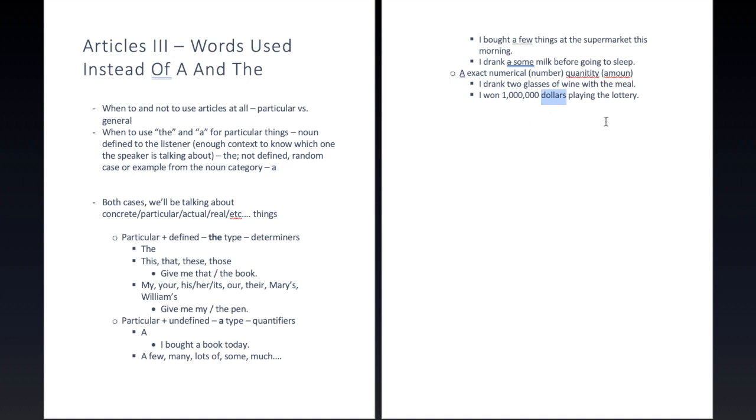And it's kind of an abstract thing, but somehow these are actually dollars. And you have 1 million of them. And they're random ones. Yes. Doesn't matter which dollars, does it? It could be any one of them. That'll be fine for all of us, I think, right? So these are random cases, just like with a. But more than one. We want to say how many we have, and so we say 1 million here.